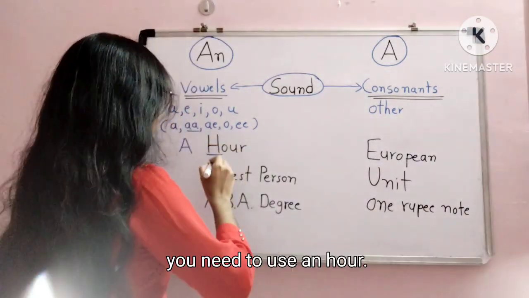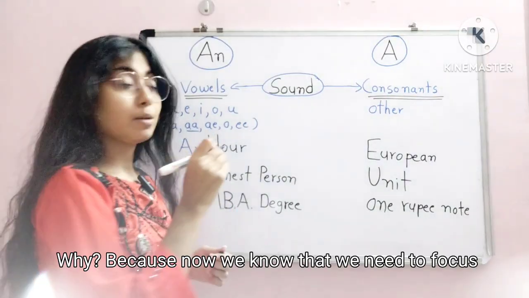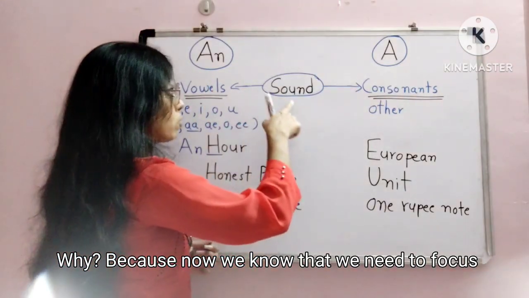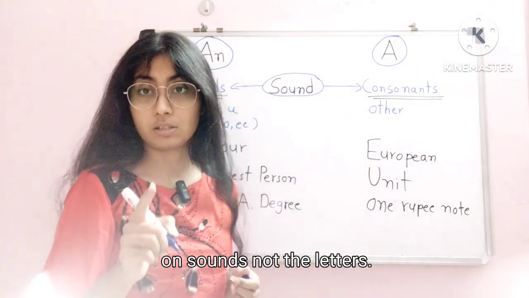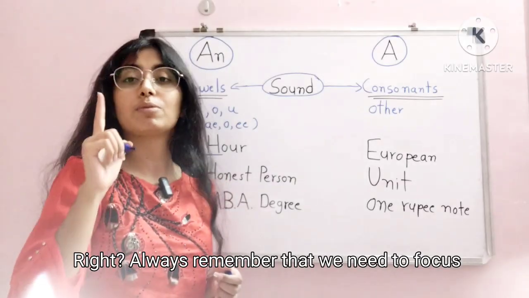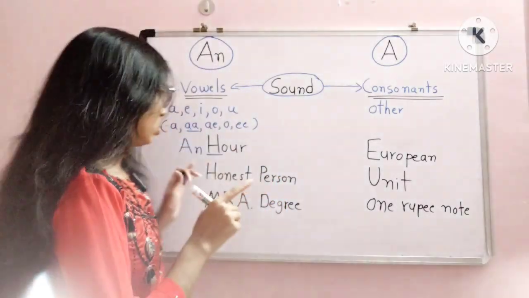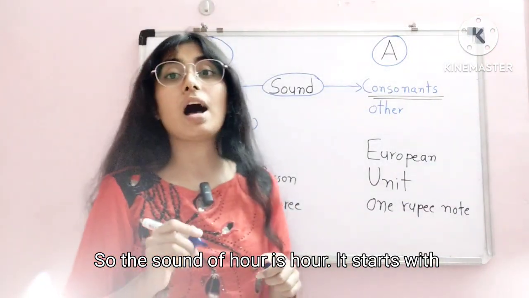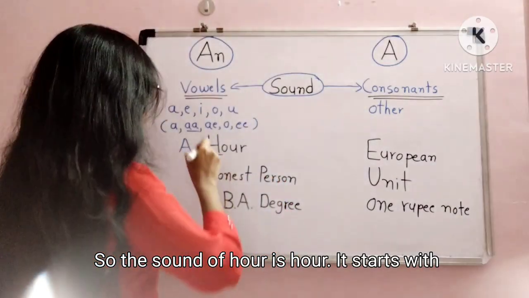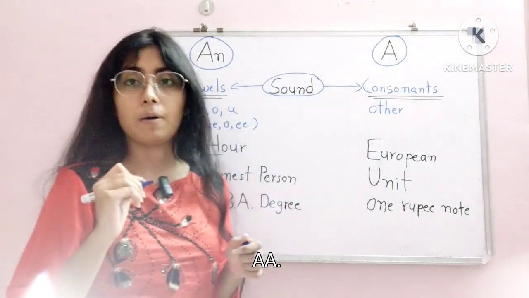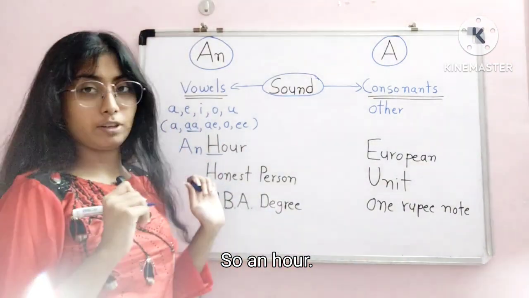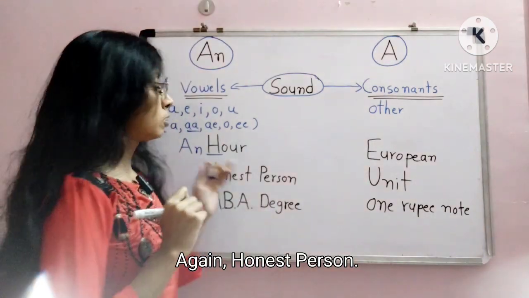But you need to use an hour. Why? Because now we know that we need to focus on sounds, not the letters. Always remember that we need to focus on sounds, not letters. So the sound of hour is hour. It starts with the sound ah.